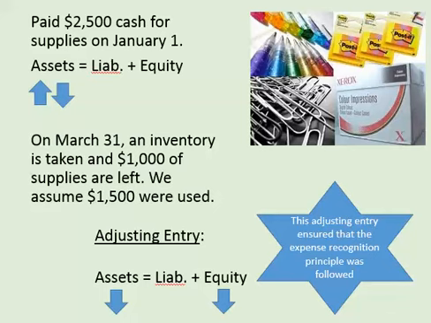So we need to decrease our asset account, the supplies account, and we need to recognize the expense for the supplies that we've used. So we also need to decrease our equity account, since expenses reduce equity. And we're going to do this through an adjusting entry. And this adjusting entry ensures that the expense recognition principle is followed, where we're recognizing our expenses when we incur them.